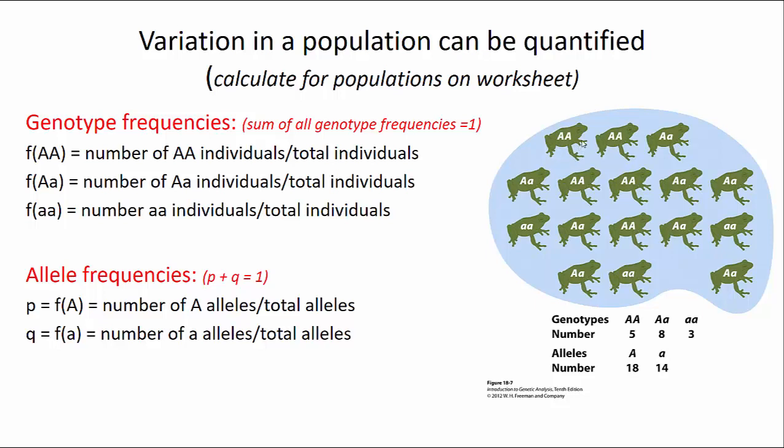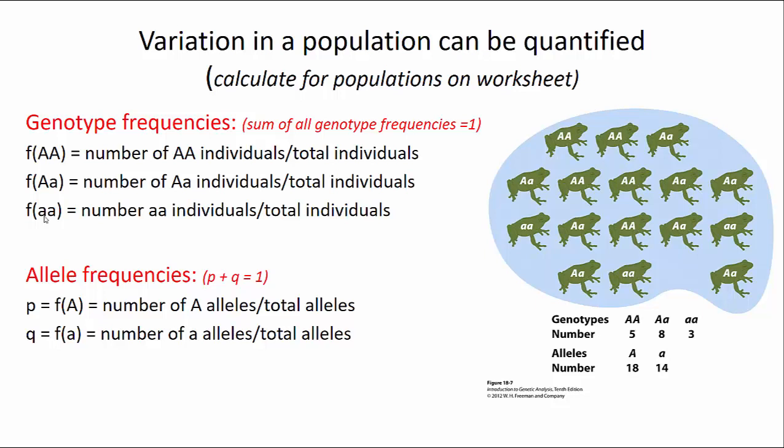If we count up the number of individuals with big A big A, what you'll find is that there are 5 individuals with that genotype. We can determine the frequency of big A big A in the population, which we'll designate as F of big A big A, by simply taking the number of individuals, 5, divided by the total number of individuals, which is 16 in this case.